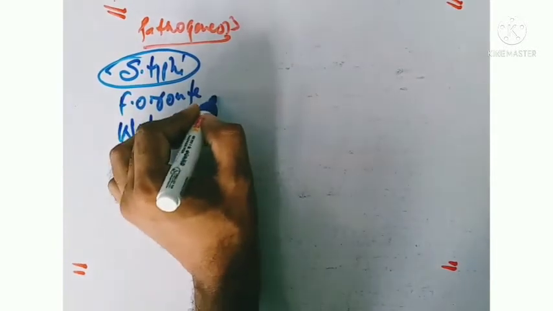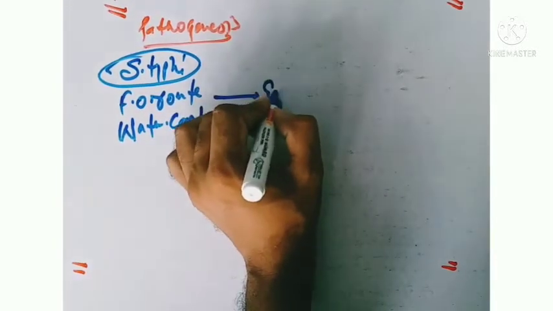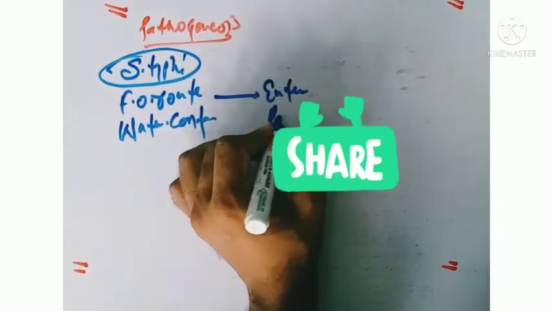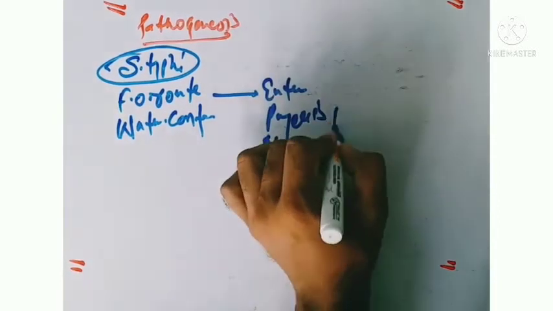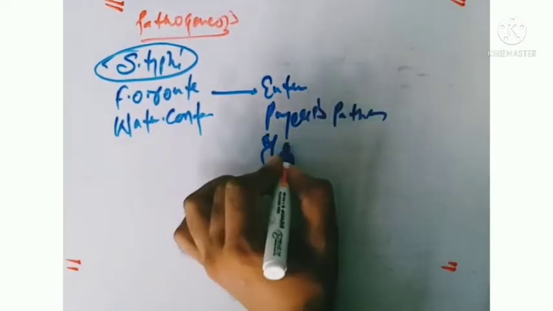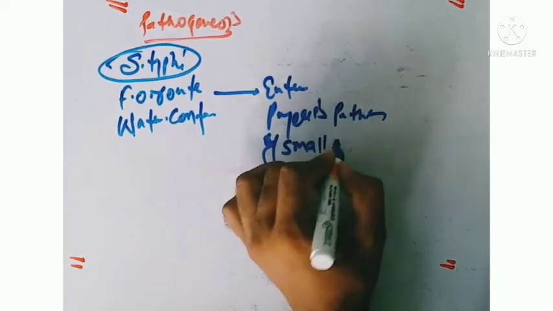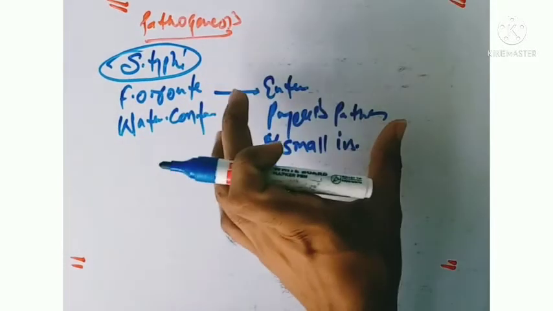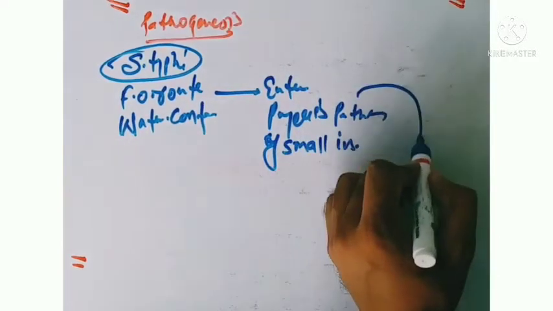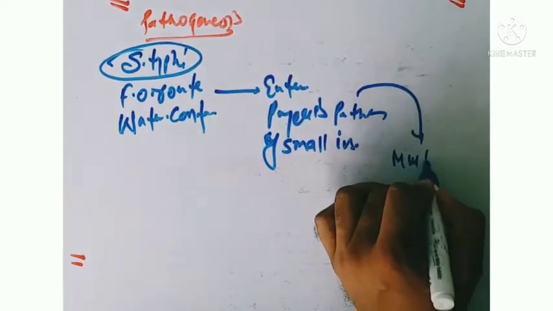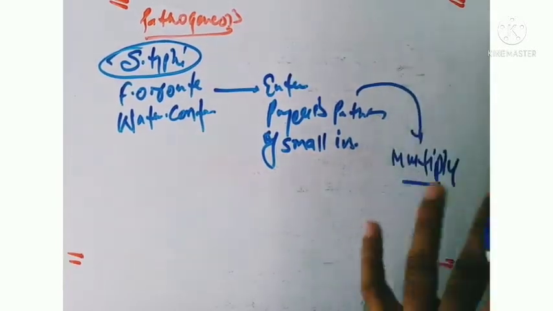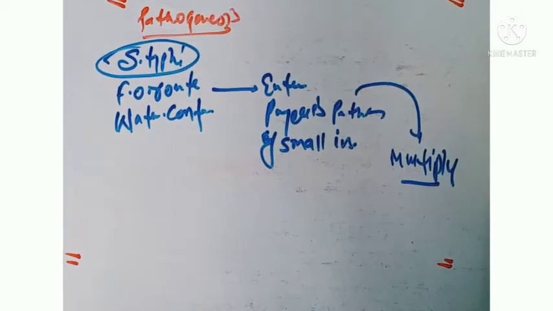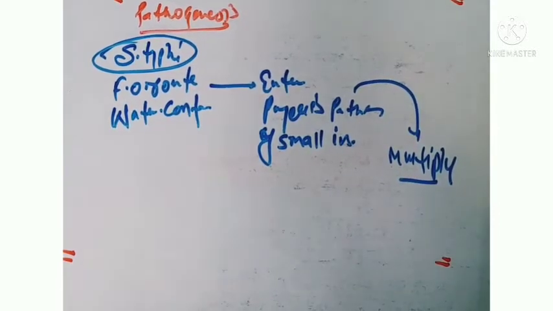Okay, they enter the body, enter into the Peyer's patches of the small intestine. Once after entering into the small intestine, it will multiply there. But this time it will not cause any problem.